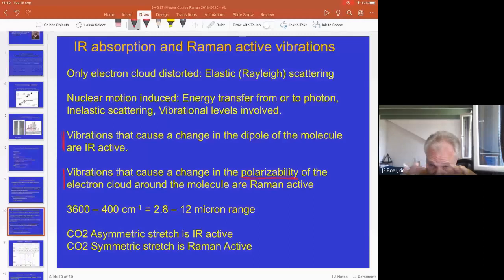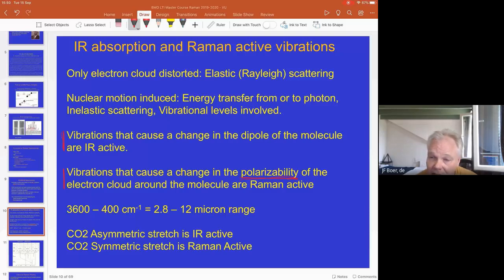If they're very close together, you can expect the electron cloud around the two atoms to also be closely packed. But if you have a molecule where the two atoms are very far apart, then the electron cloud around it is dispersed over a much larger area. And the binding of these electrons, the forces they feel from the nuclei, because the distances are larger, is less.